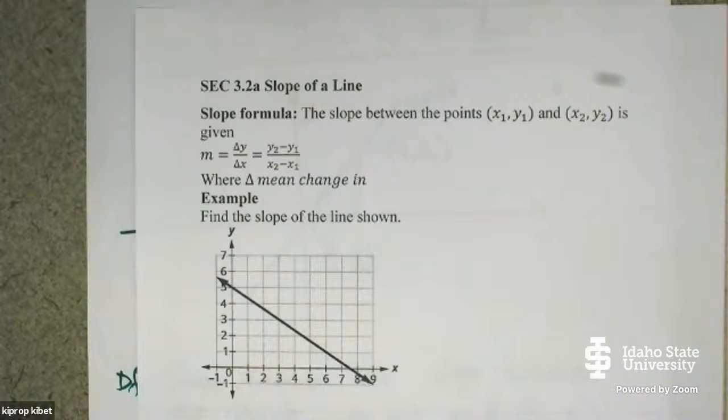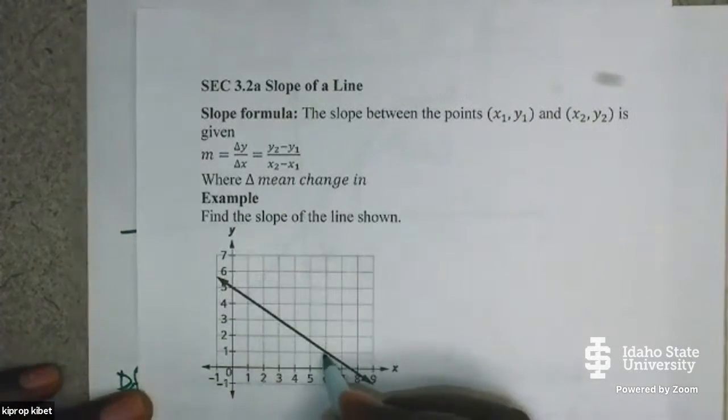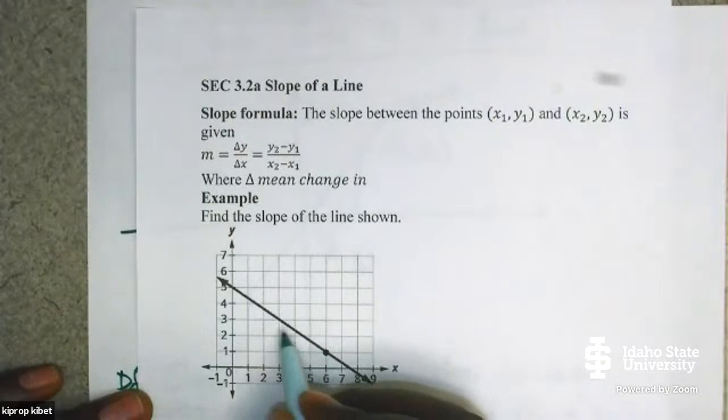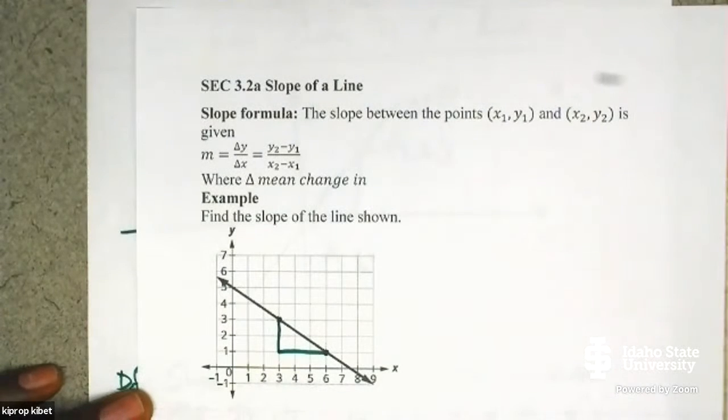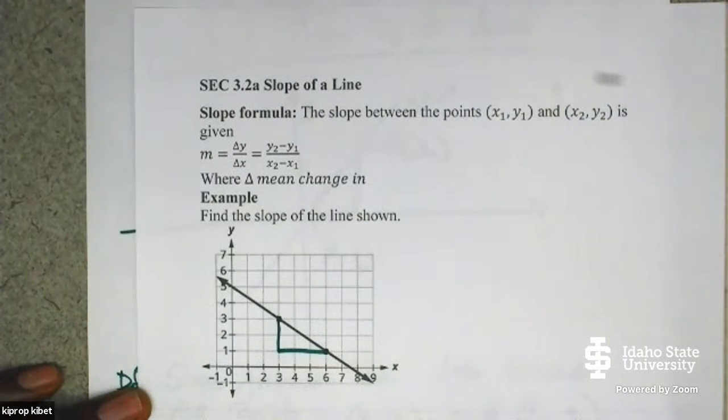So we can take here, 3 and 3, and then we can get another point, this one, 6 and 1. We can actually take this point and that point, and that way will give us the slope of that line.